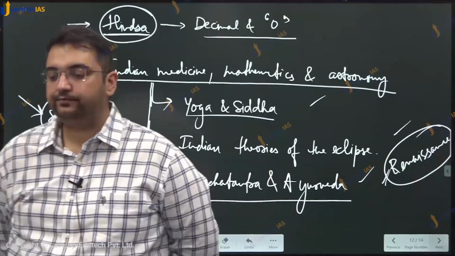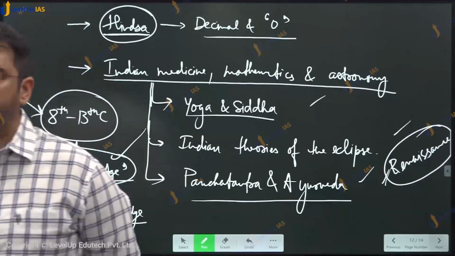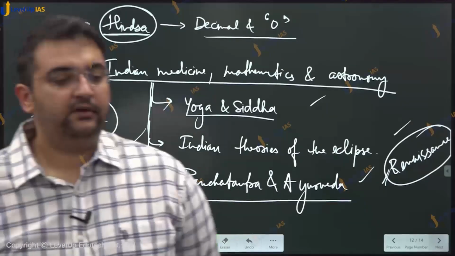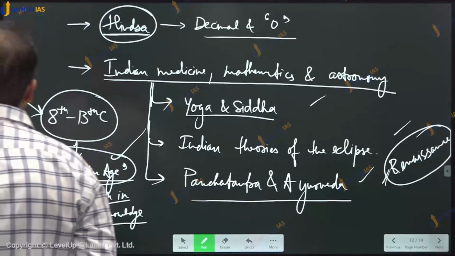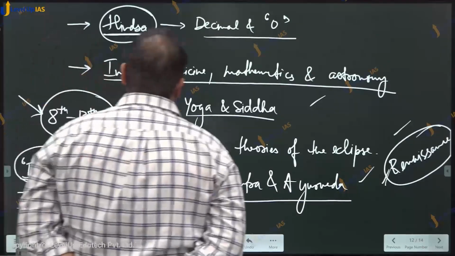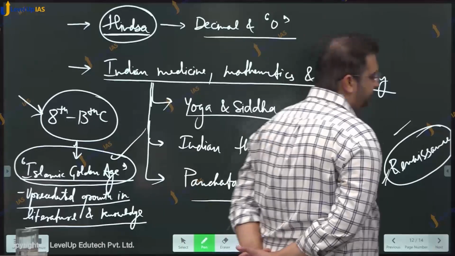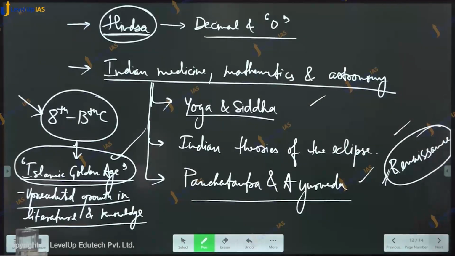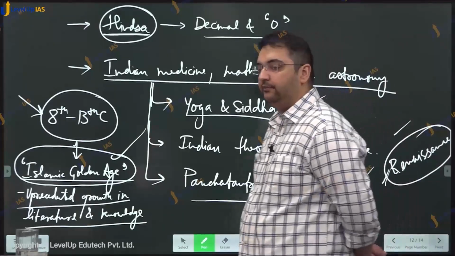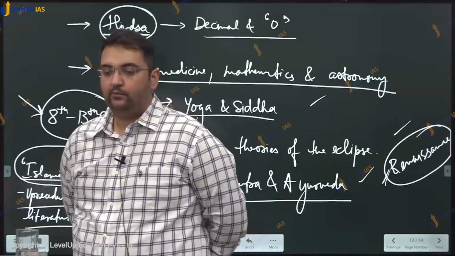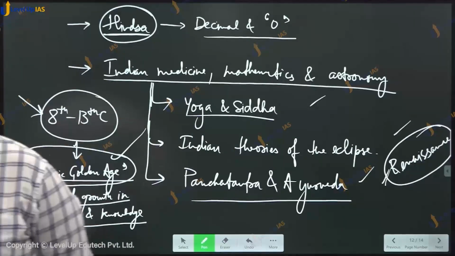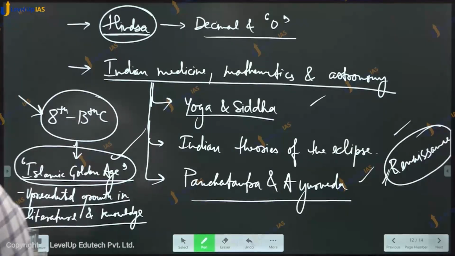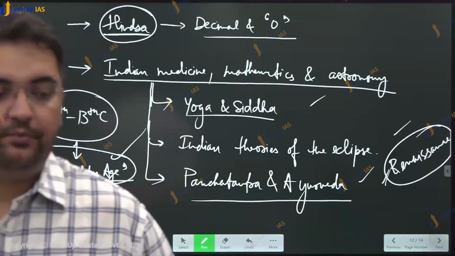Full stop. Subpoint. Several Indian works on medicine, mathematics, and astronomy were translated into Arabic.